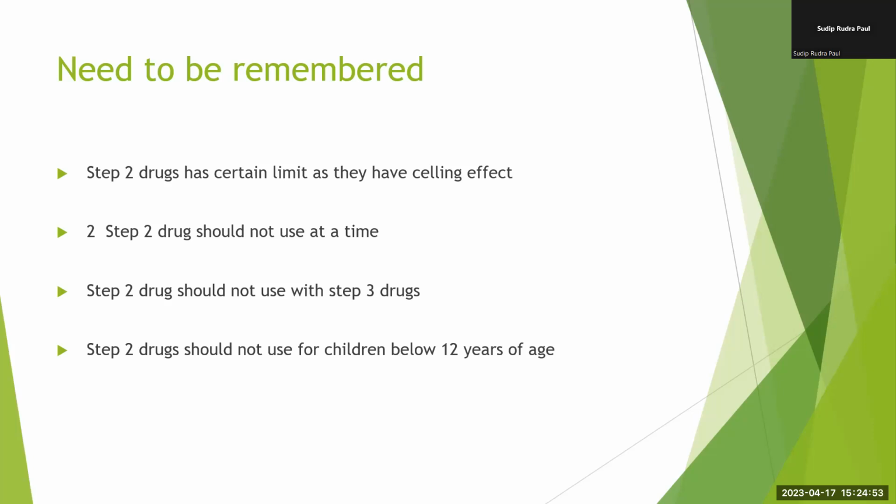Because with step 2, I am using the highest dose, but still the patient has not got pain relief. I cannot give the extra dose, I cannot give any other dose, because it's the maximum dose I can give. It's called the ceiling effect.